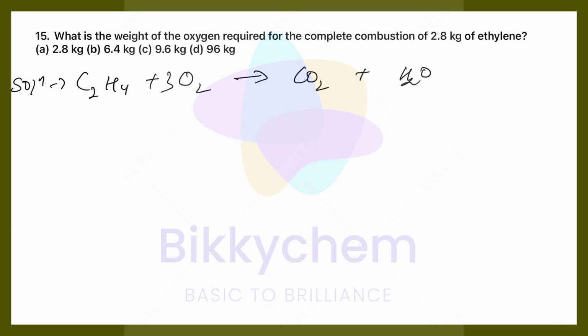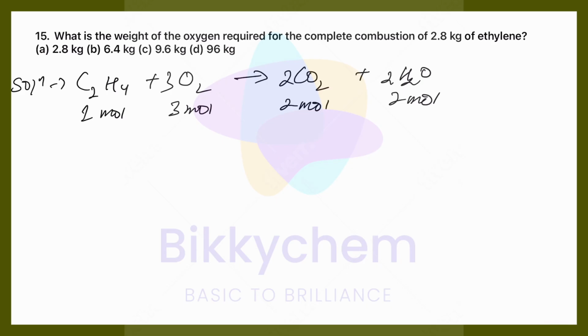After balancing, we will get this much amount of carbon dioxide and water, that is 1 mole, 3 mole, 2 mole and 2 mole.